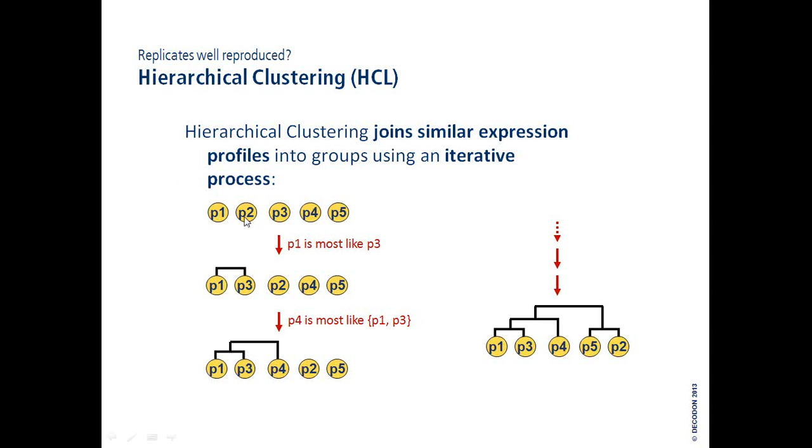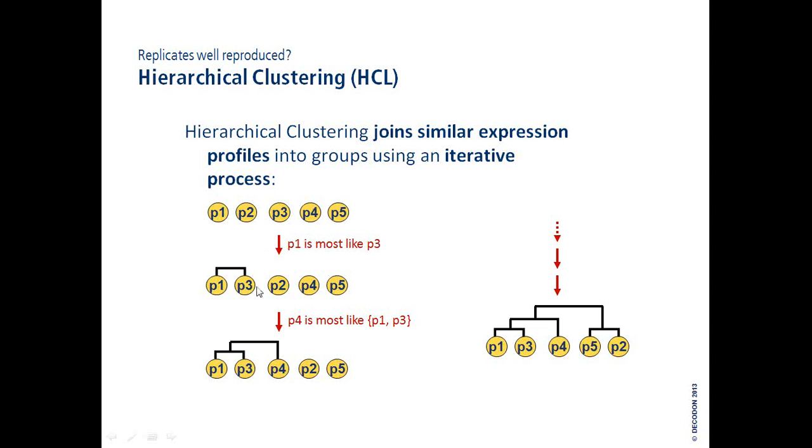In this case, where we have 5 such objects or images in the experiment, we would check each of the possible pairs, measure the distance between the 2 objects within a pair, and then take the pair where the distance is the smallest. And then we create a cluster of these 2 partners.